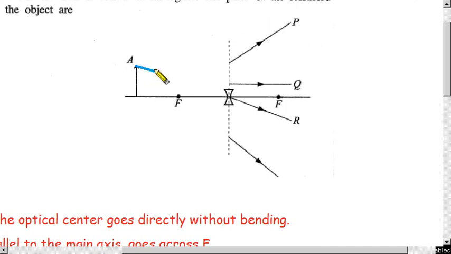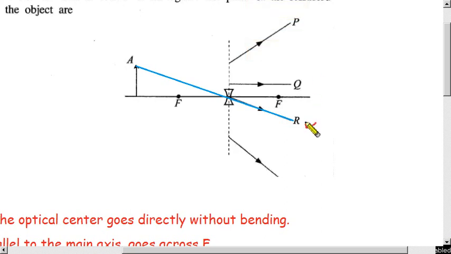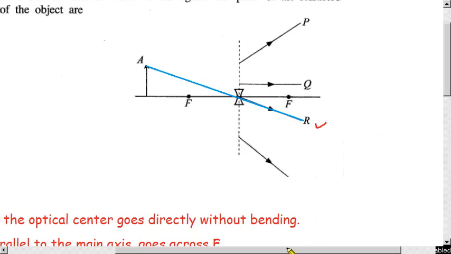From the point A, emitting from the point A, as they said in the question, if this ray falls on this optical center like this, it must go like this without bending. So according to that, this ray R is correct. You see, because they have drawn it without bending, it goes directly forward. So that is correct according to the rule.